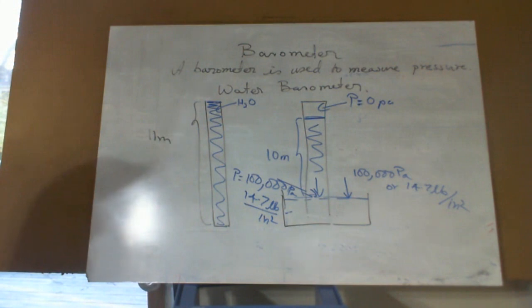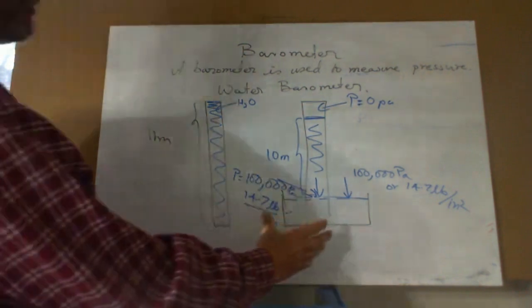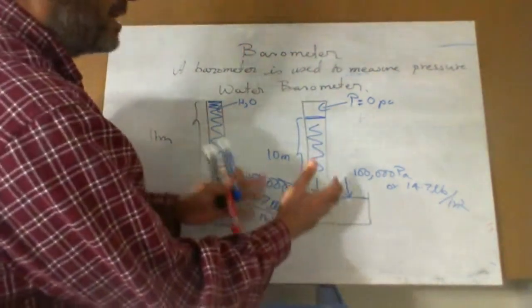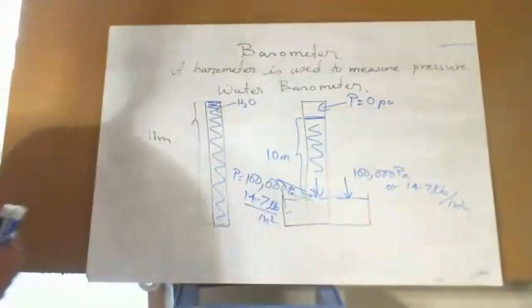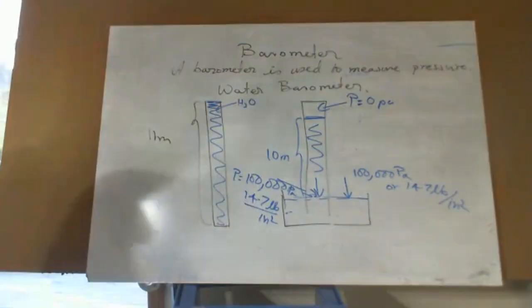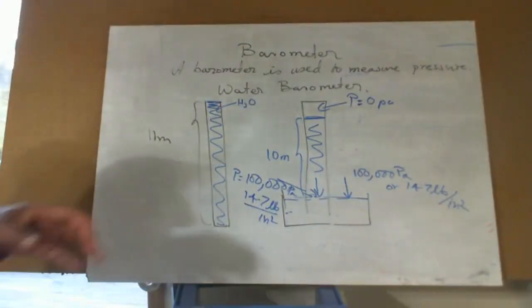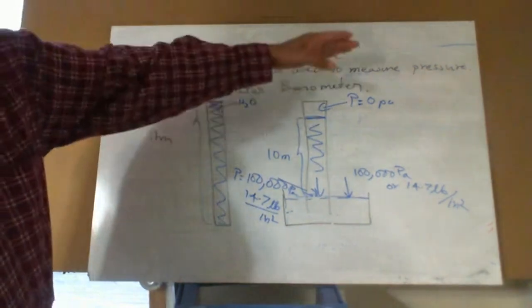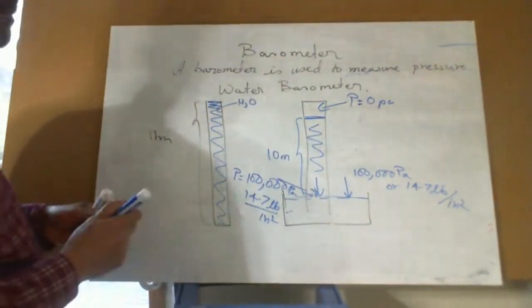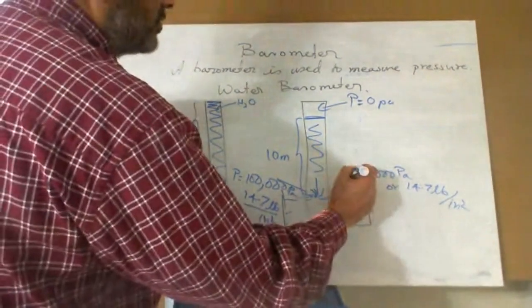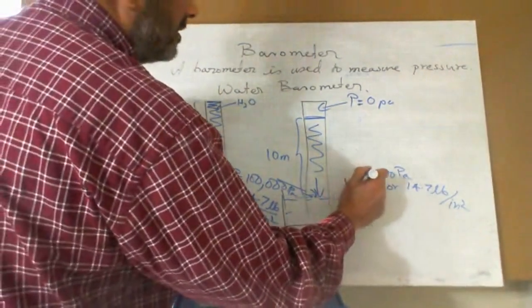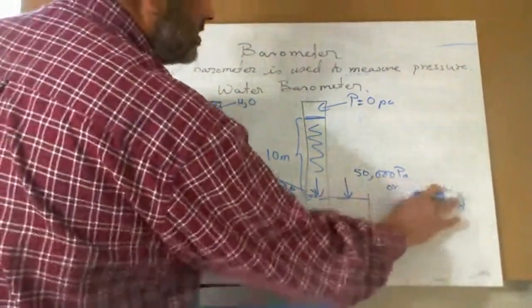Okay. What happens if I could physically carry this? This would be impractical, but if I could physically carry it up a mountain. So suppose I go up a mountain, you will find that the pressure drops, right? Suppose you go up a mountain, and what is the pressure outside? The pressure outside is 50,000 pascals, which is what?